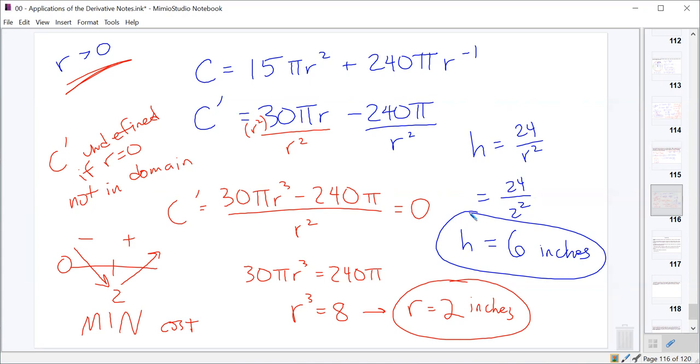You might end up using similar triangles or the Pythagorean theorem, or any other number of formulas you've learned in the past to put your equations all into one variable. But that's going to be it with optimization. We only have one topic left in this application of the derivative unit, that's related rates, and we'll look at that next time.